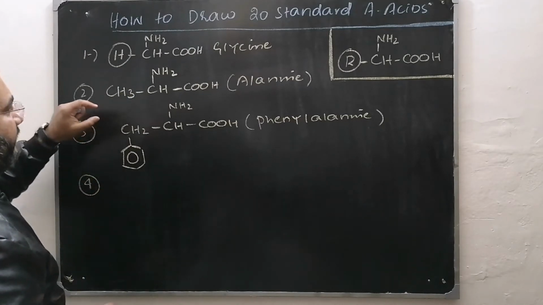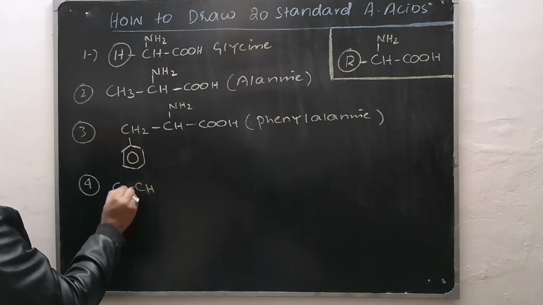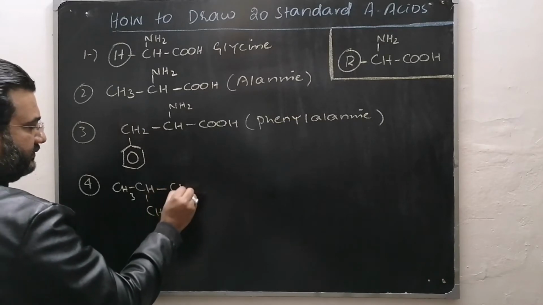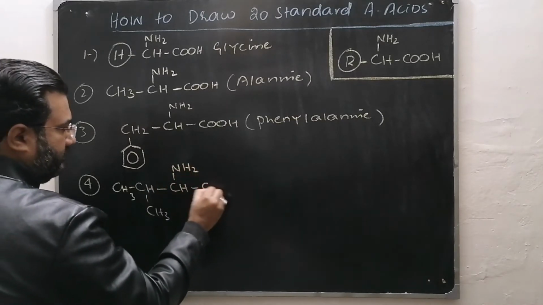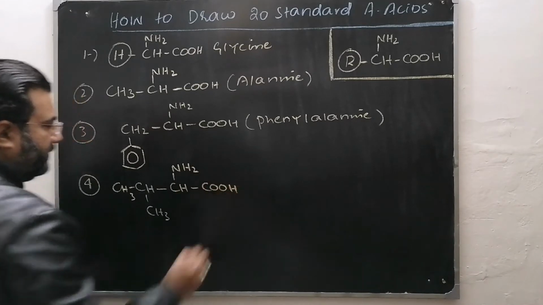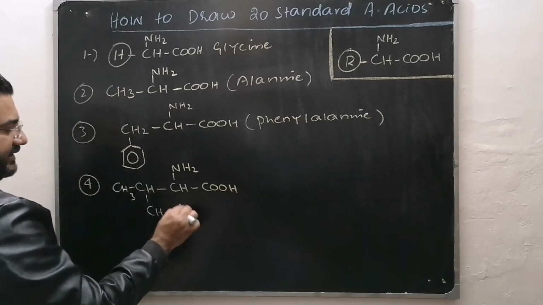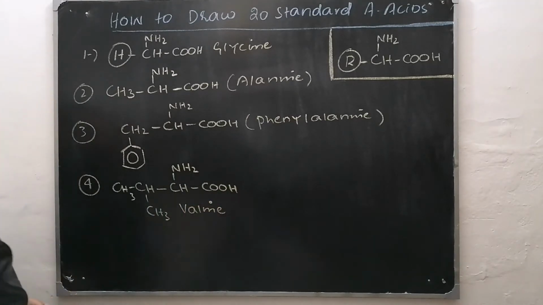If you write down the isopropyl group at the place of this R group, then you will get valine.